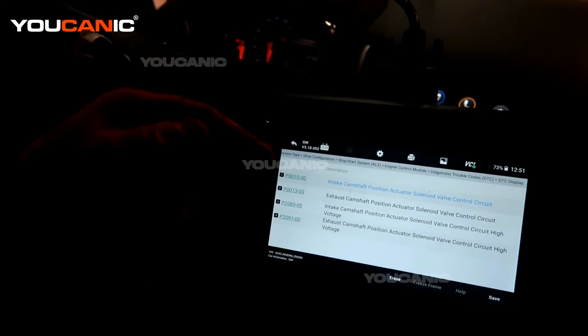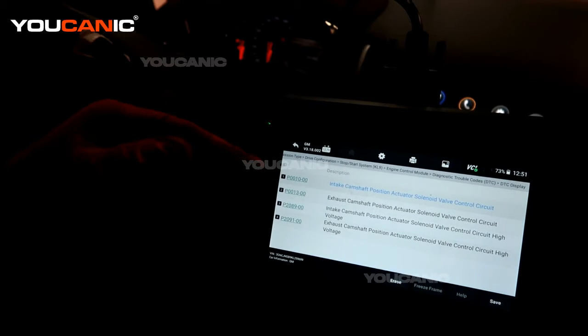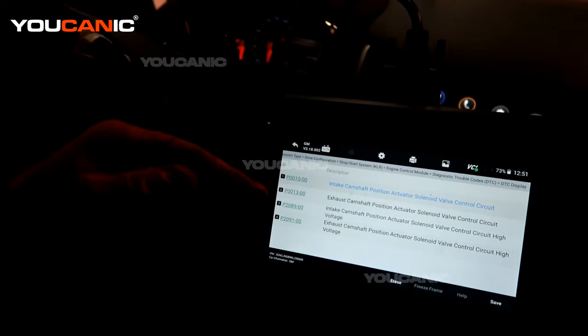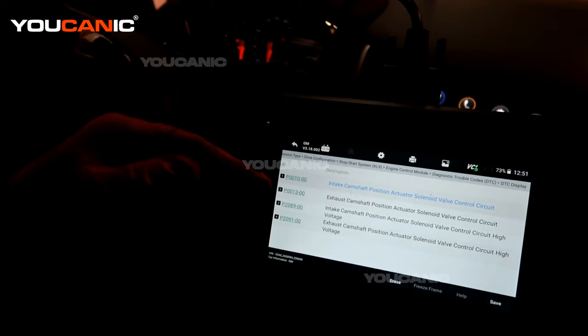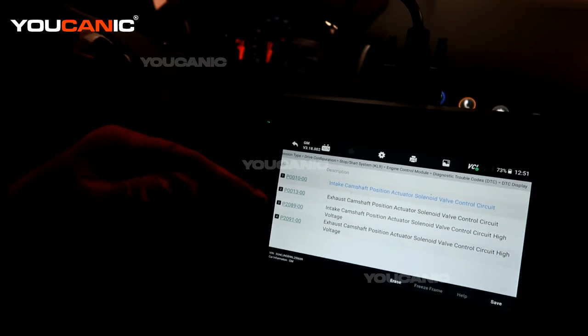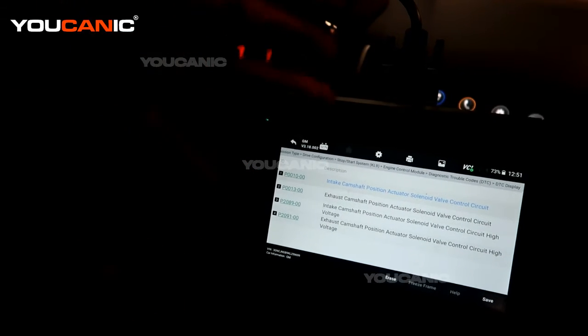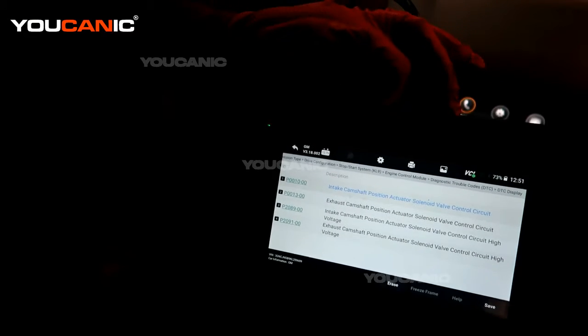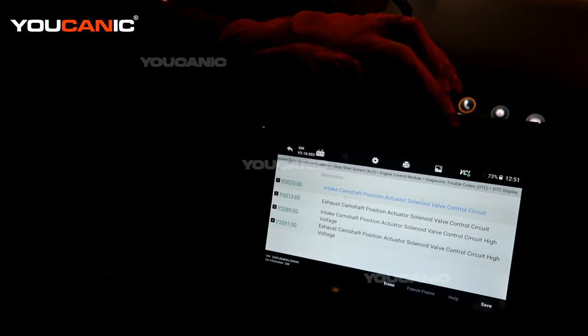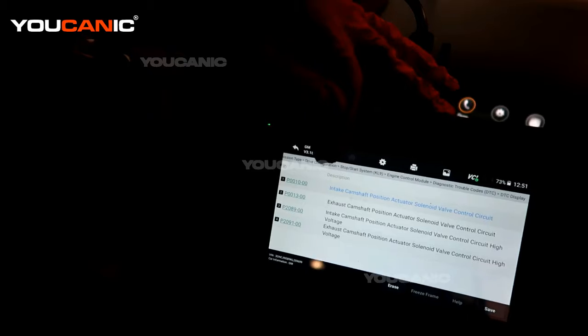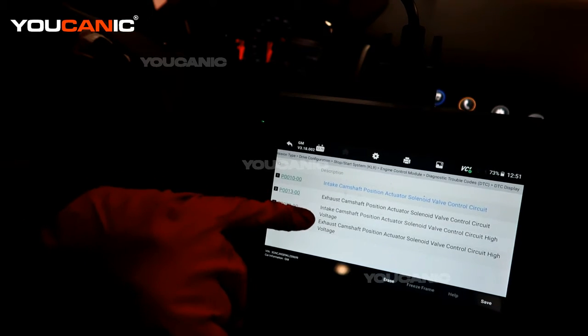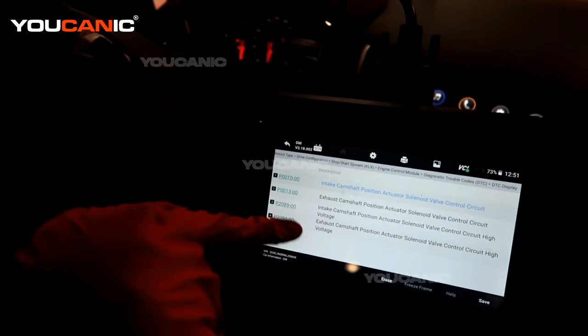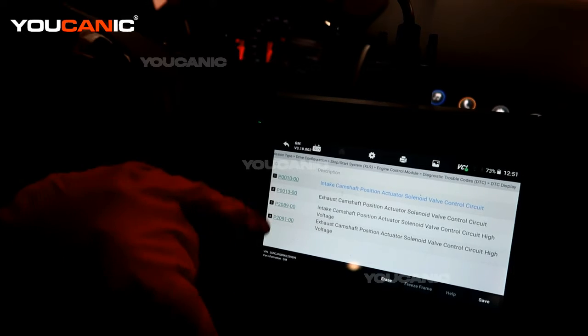And so we have a P0010, a P0013, a P2089, and the P2091. Okay, so we have an intake camshaft position actuator solenoid valve control circuit, and then we have the intake camshaft position actuator solenoid circuit.